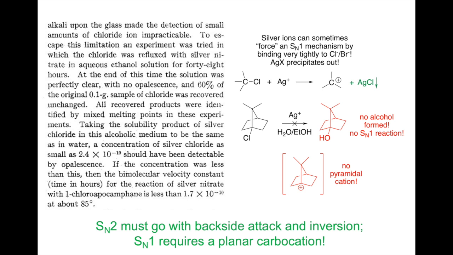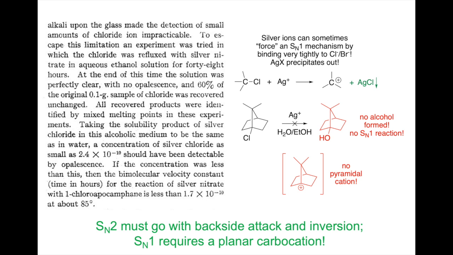And so what they say is that when they run this reaction, again refluxed in ethanol, 48 hours, they don't see any cloudiness that would indicate any silver chloride got formed. So no alcohol, just starting material back, no silver chloride. And so what that tells you is you never formed that cation because it couldn't be planar.